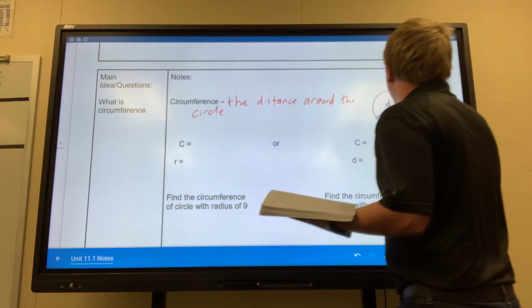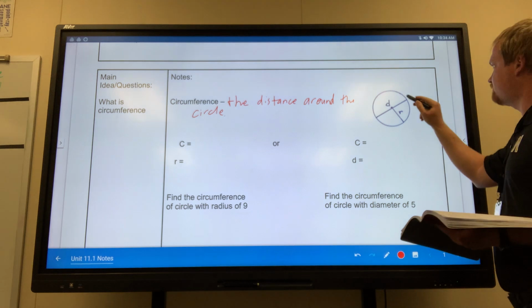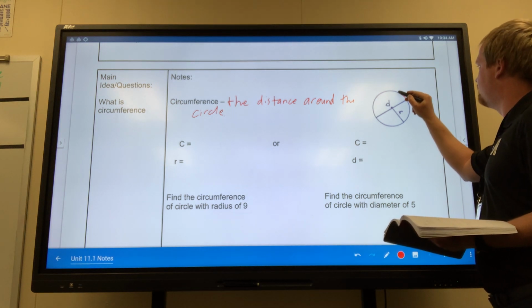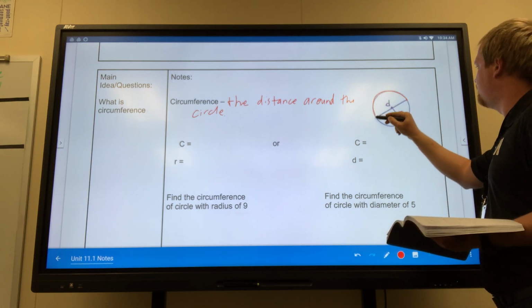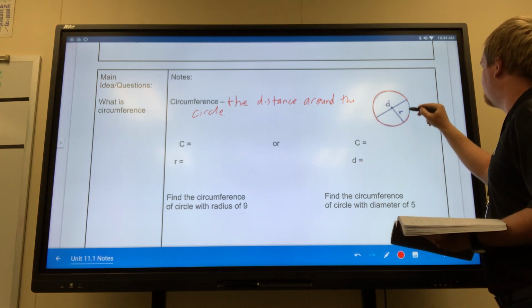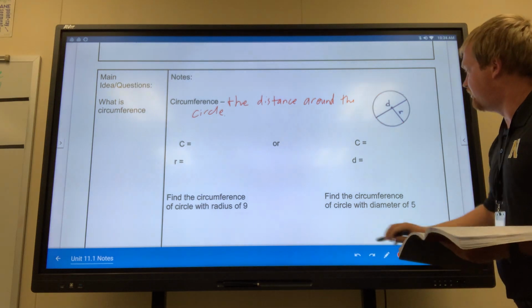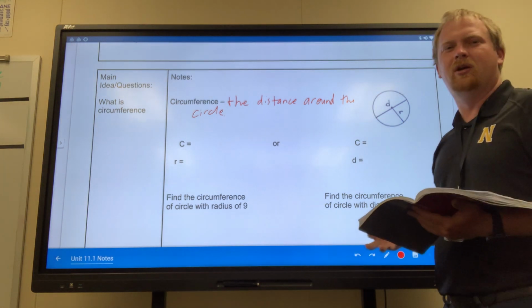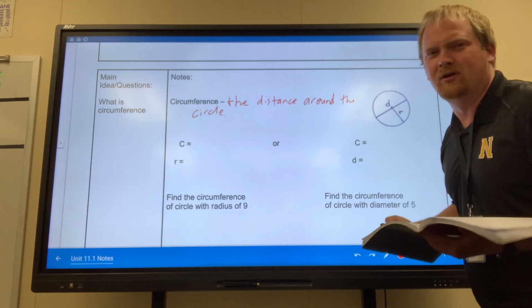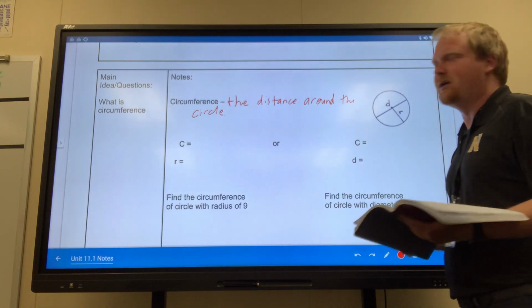Okay? So basically, if I had this circle right here, if I start at this point and find out the length all the way around till I get back to the point I'm originally at, that's the circumference. It's basically kind of like perimeter. It's basically the perimeter of a circle. That's kind of how you have to think about it.